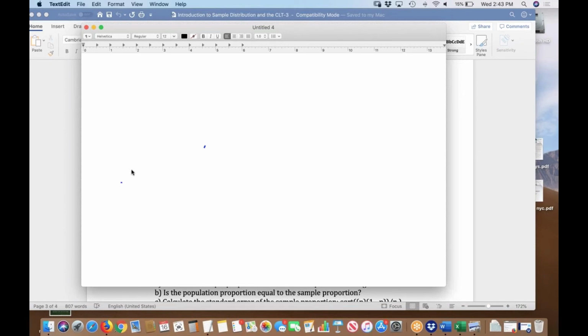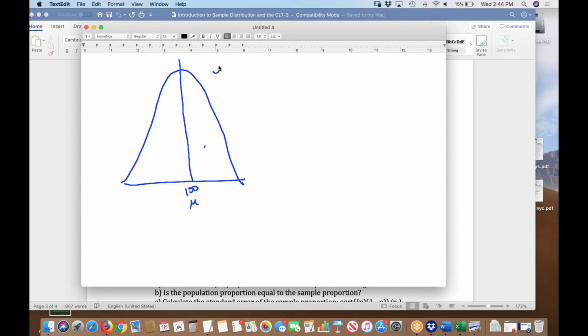If this is the population distribution, and I look at this population, let's say it's 100, and that's the mu, that's the population mean, sigma is equal to 10.